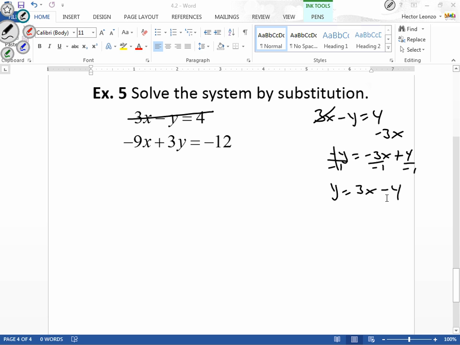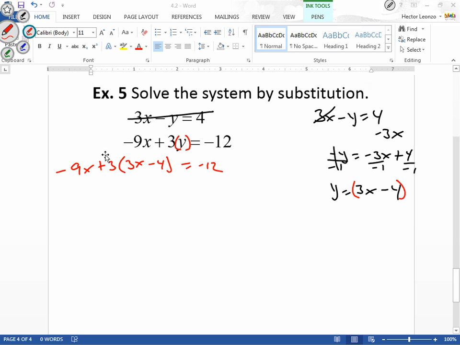Now, everything that I have for y, I'm going to replace it for the other y. Now here, I have -9x plus 3 times (3x minus 4) is equal to -12.